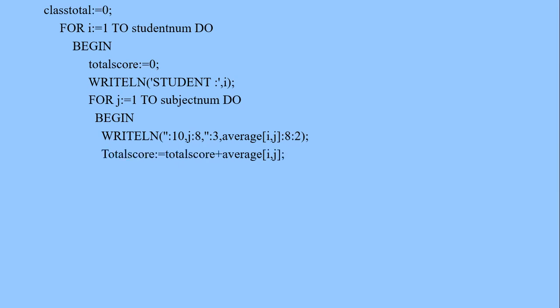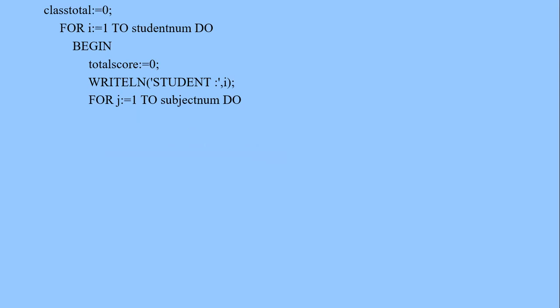Then we calculate the total score by adding the content of average at subscript I and j. We pick that value, add it to total score, and assign the overall score to total score. And that iteration will continue until we are through with the subjects. And then we move on until we are through with all the students.